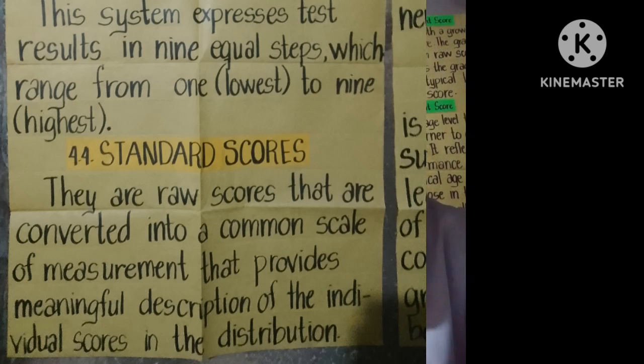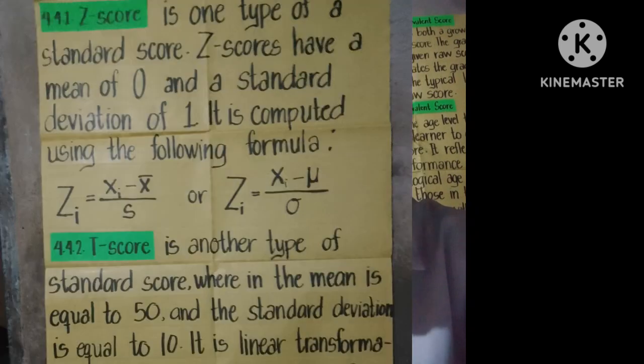A standard score describes the difference of the raw score from a sample mean expressed in standard deviations. The two most commonly used standard scores are the Z-score and T-score. They were already discussed in lesson 8, with more detailed discussion on the Z-score and T-score. So let's have an overview of the Z-score.